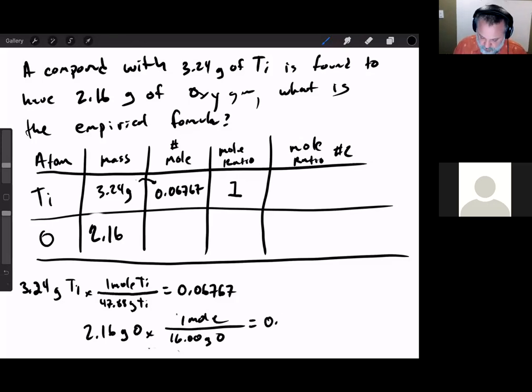I get 0.135. And now let's take that and divide it by 0.06767. Aha! There, that's better, right?